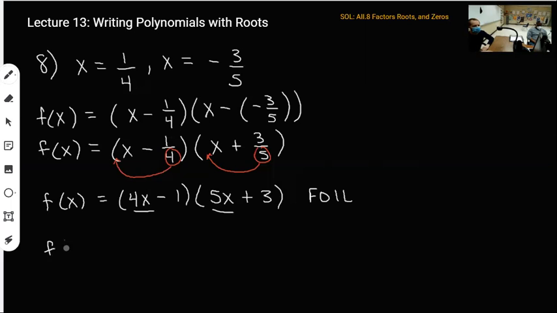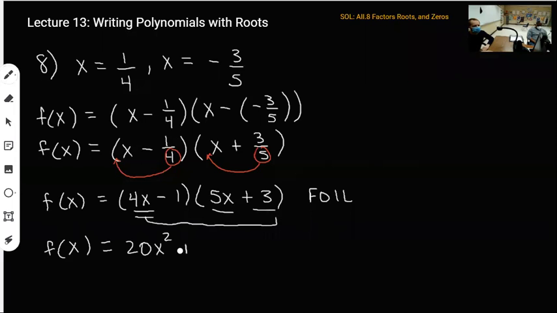All right, so I'm going to underline the first two terms. If I multiply the first two terms, then I'm going to get 20x squared. So see where that 20 comes from? Now let's do the outer two terms. I've got a positive 3 and a positive 4x. They're on the outside, so I'm going to put those together next.